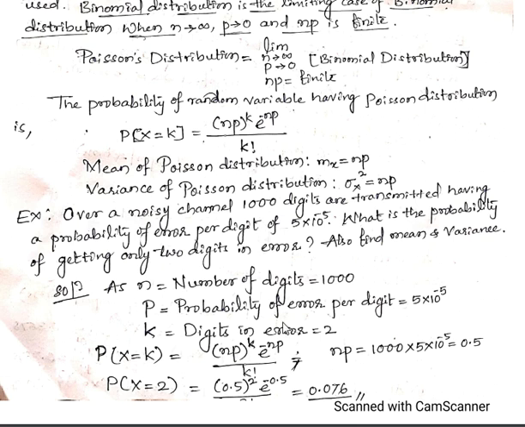Now n into p we find first because it has to be substituted. So 1000 into 5 into 10 raised to minus 5 is 0.5. So (0.5) raised to k is 2, e raised to minus n into p, which is 0.5. After solving we get 0.076.